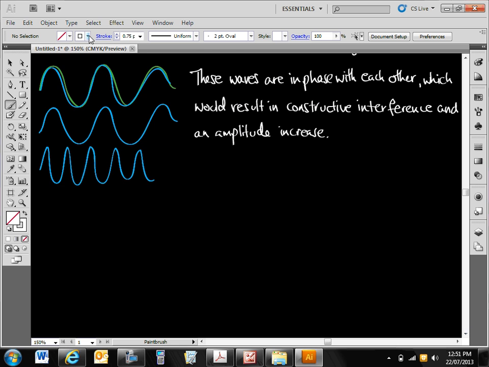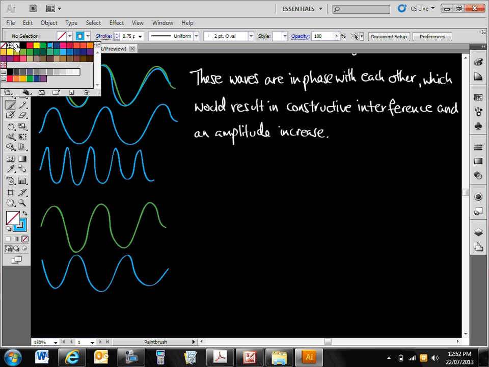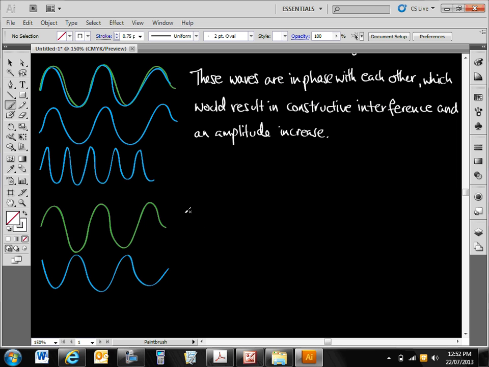I'm going to draw two waves again. Similar situation. And this time, I know they're not identical, but they're supposed to be. These waves, what would you say? Are out of phase, aren't they?